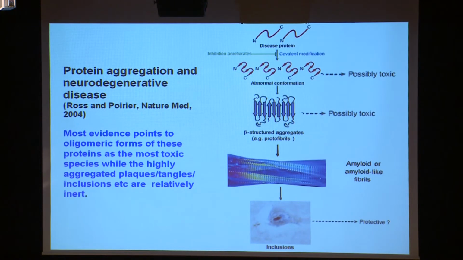Eventually they will form very large amyloid plaque deposits which are relatively inert. And what I will focus on is the role of 14-PC proteins in binding to some of these proteins and helping to cause bad effects in the brain.